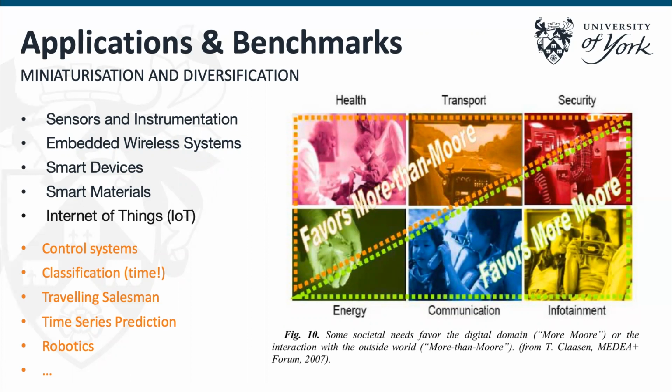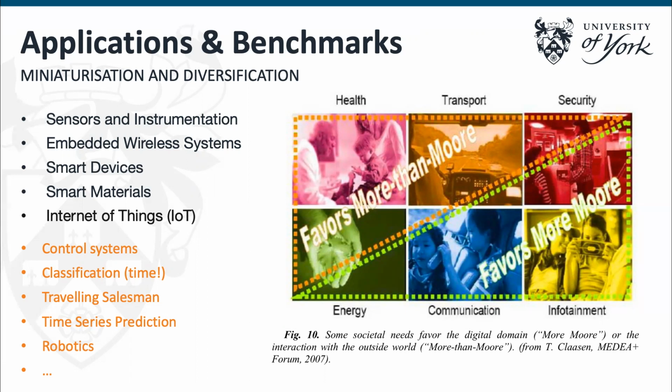The reason I'm putting those on is just to show you, these are the two expressions that come out of the electronics people. There is this expression "more than Moore," which means non-classical computers, diverse systems. And then there's "more Moore," which is the miniaturization. Yeah, make our computers more capable, more efficient, cram more functionality into them.